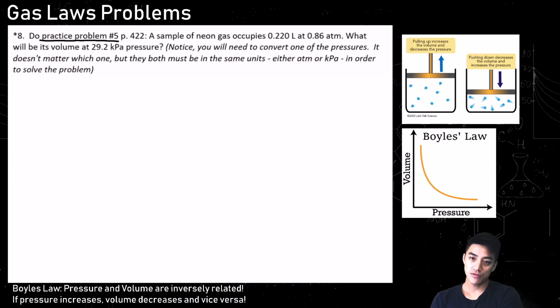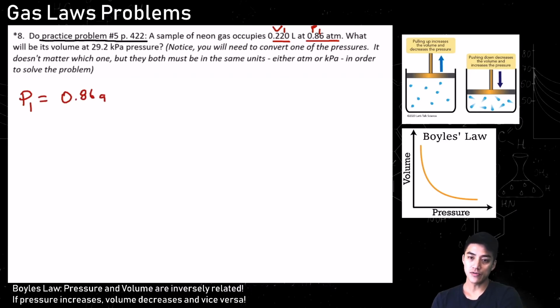This one's another Boyle's law problem. Problem number 5 on page 422 of your textbook. It's numbered differently than notes. It's number 8 in your notes. But this one, let's read through it. It says a sample of neon gas occupies 0.22 liters at 0.86 atmospheres. So that means your initial pressure and volume are provided.